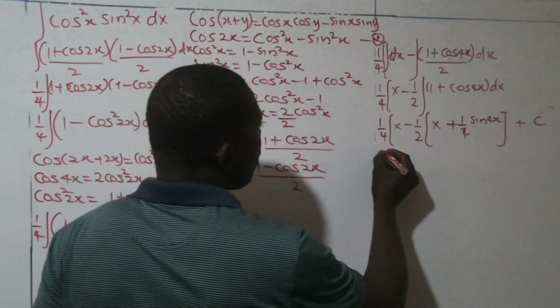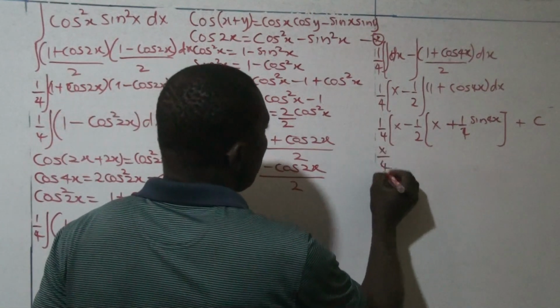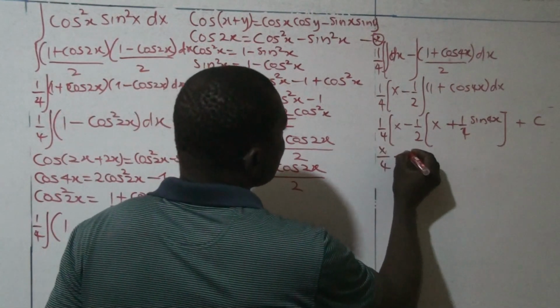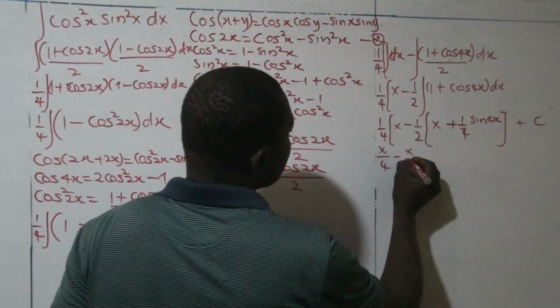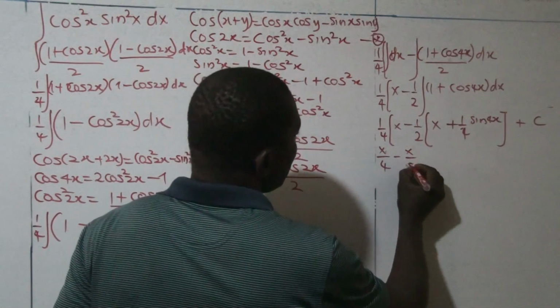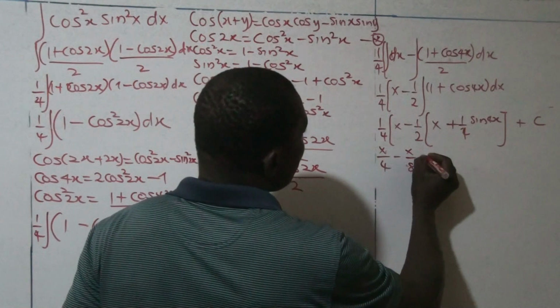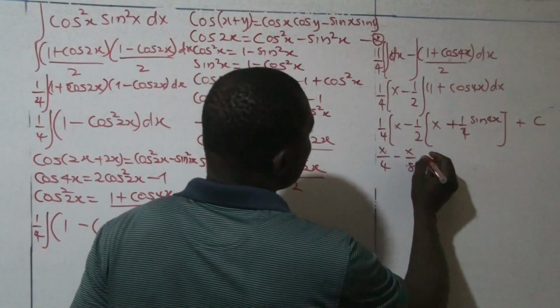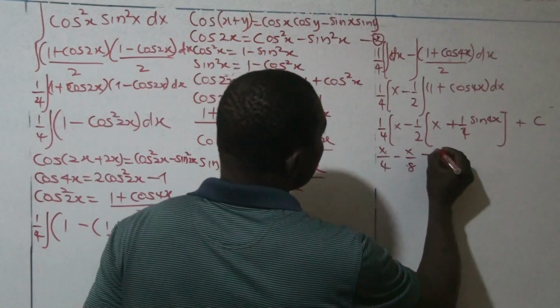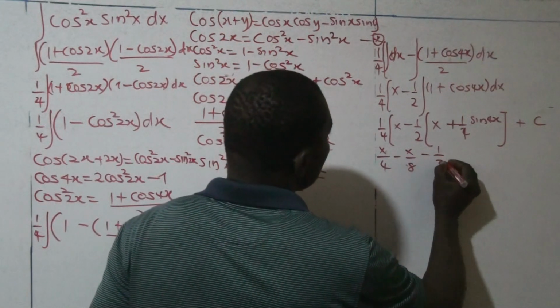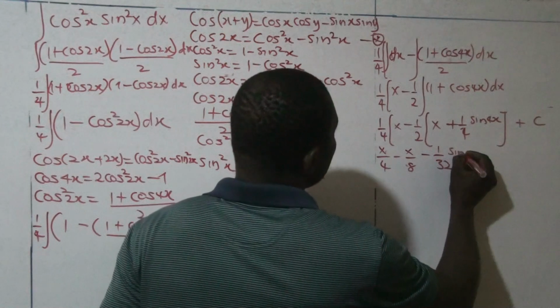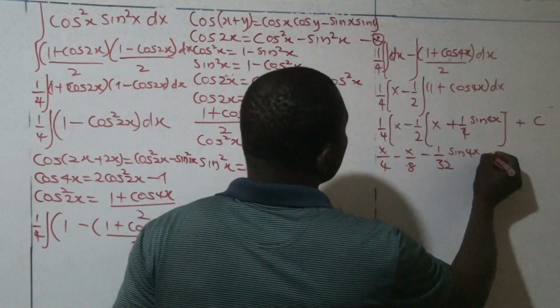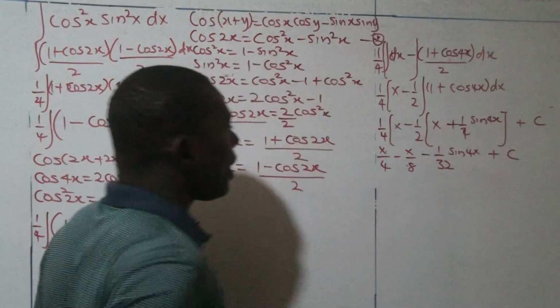So here we become x over 4 minus, here x over 8, and here this time 8 times 4 is 32, minus 1 over 32 sine 4x plus an arbitrary constant.